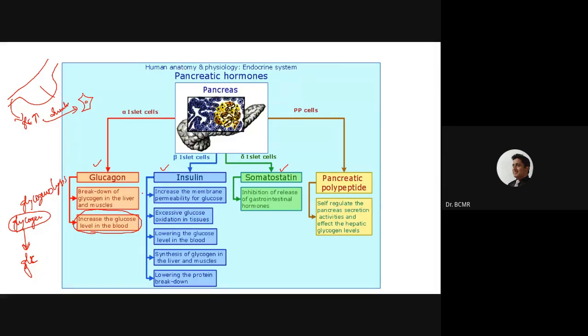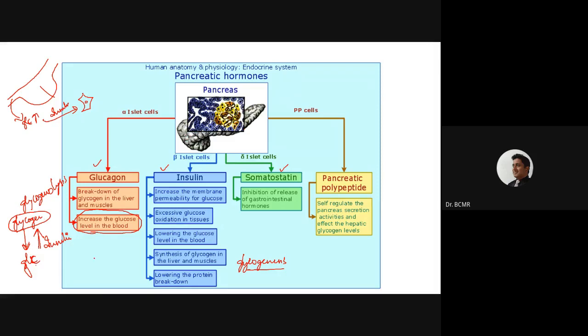Insulin also allows glycogenesis. You need to keep those terms in your mind. Glycogenesis is production of glycogen from glucose, so it's actually the reverse of this reaction. Insulin does this uptake of glucose by the target cells and production of glycogen.